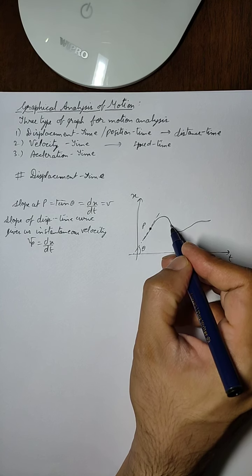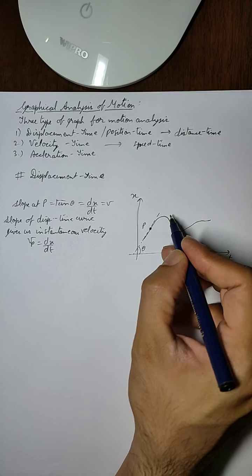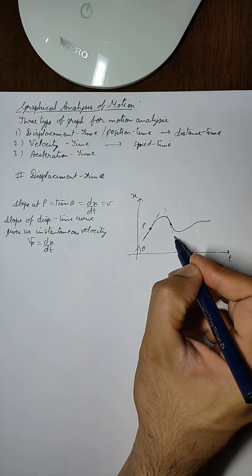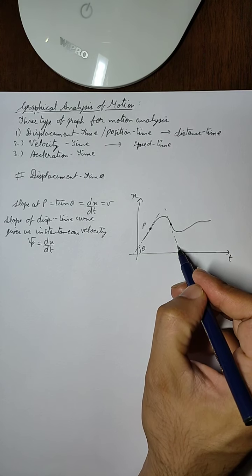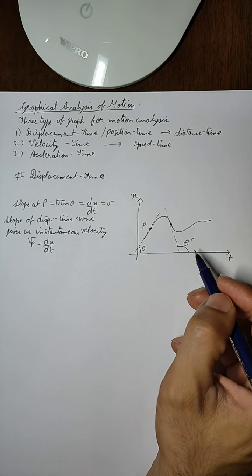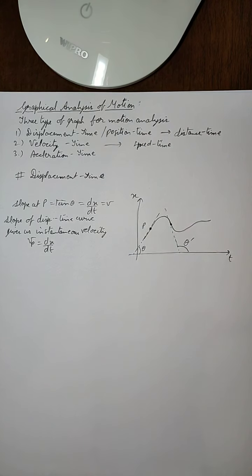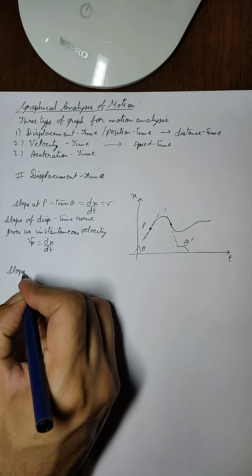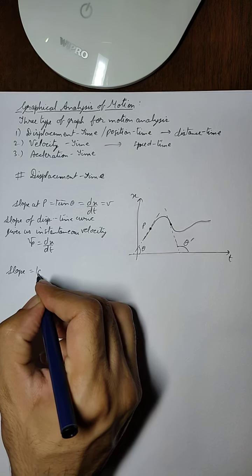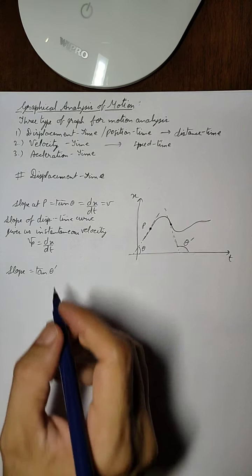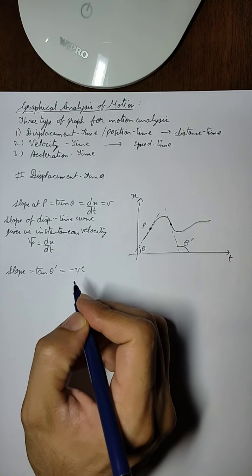But let us take another point. Let us say that this is the point, and if you make a tangent on this point, then it will go like this, and it is going to make an obtuse angle with the time axis. Let us say that this is theta dash. Now the slope for this will be equal to tan theta dash, where theta dash is the obtuse angle, so obviously this is going to be negative.